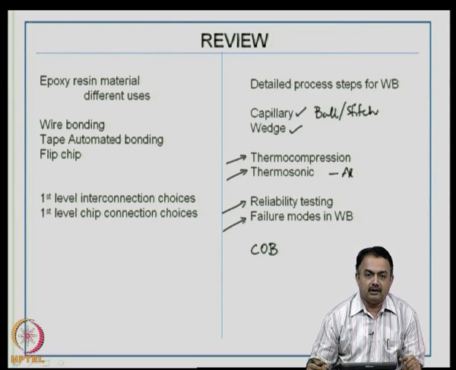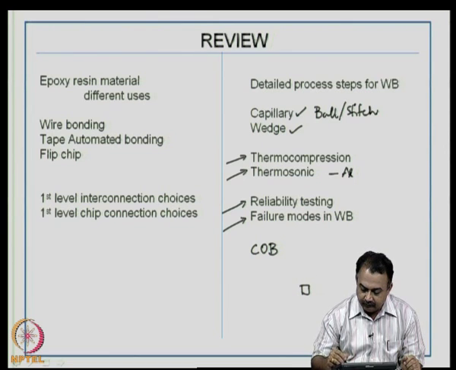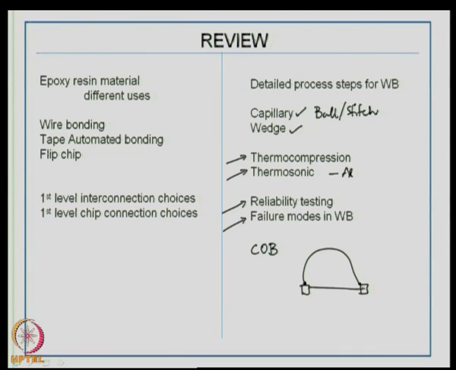The essential part is, because you are creating a loop between, this is the substrate, this is the loop height. If you can recollect, this is the loop. So, you need to find out how this loop behaves during thermal cycling.